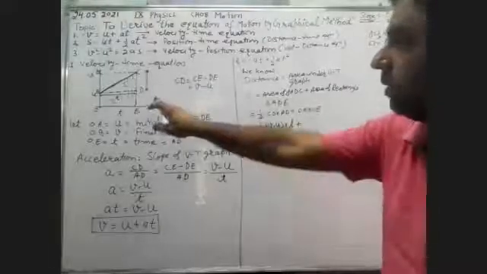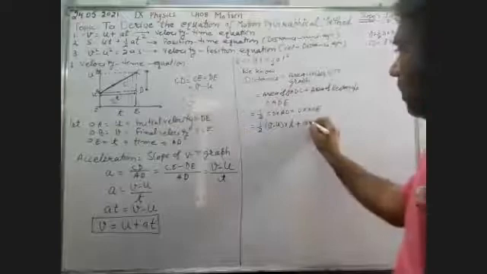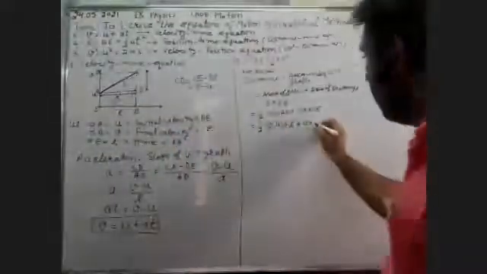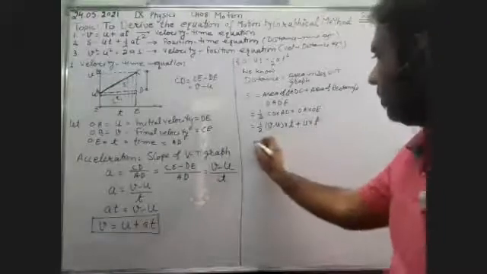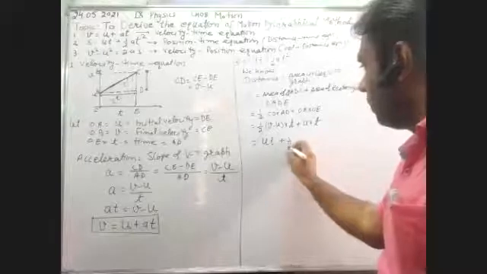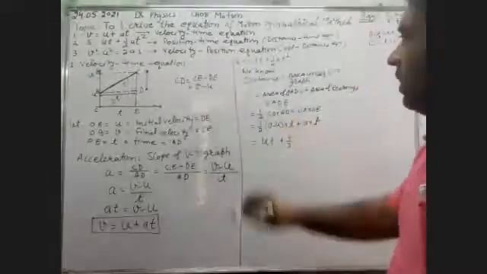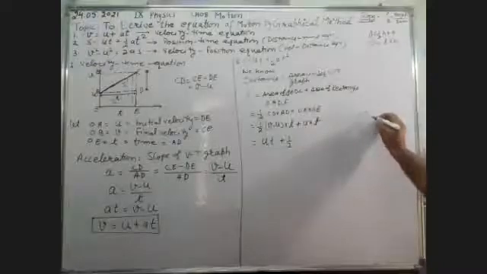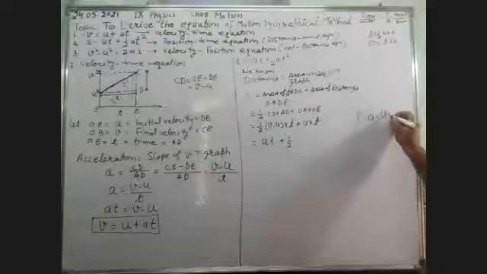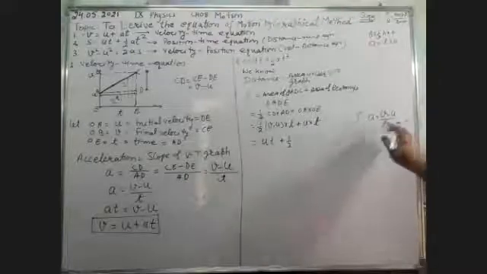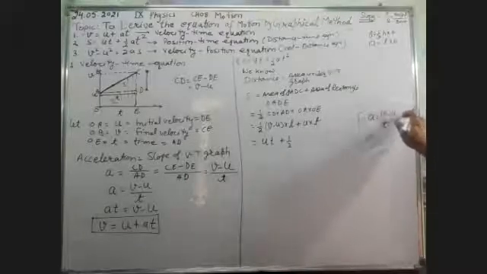OA is equal to U, multiplied by OE. What is OE? OE is T. So write this UT here. We can write this UT plus 1/2 into V minus U. We know acceleration A is equal to V minus U divided by T.